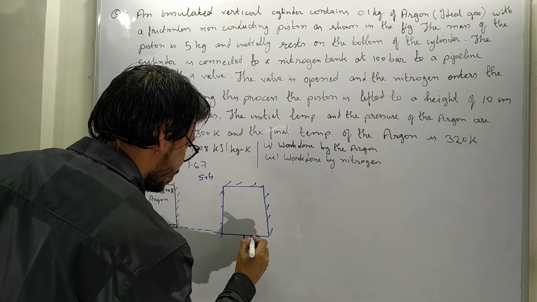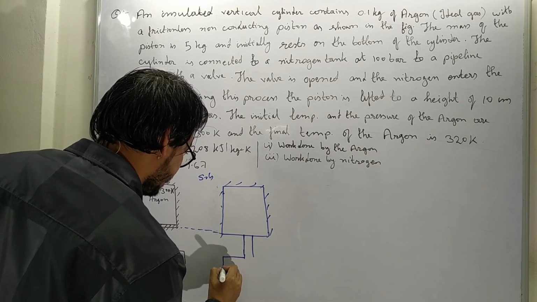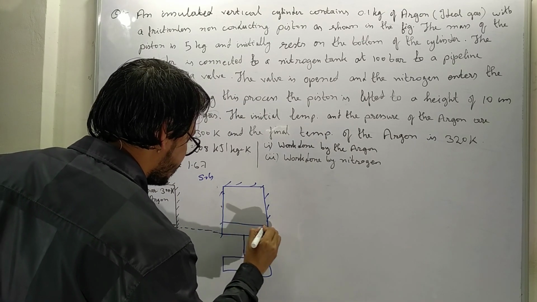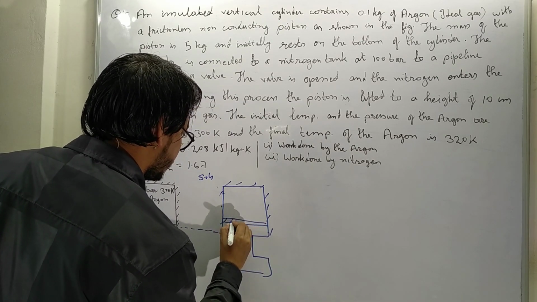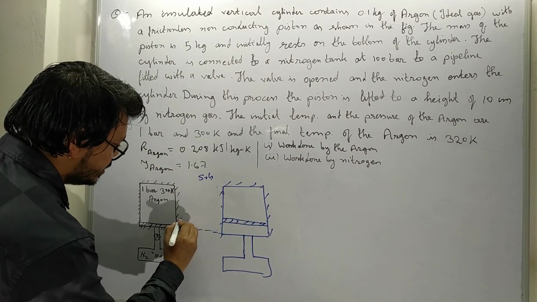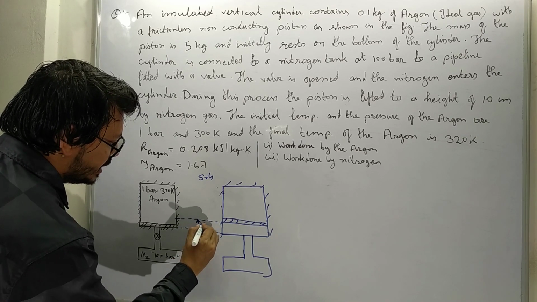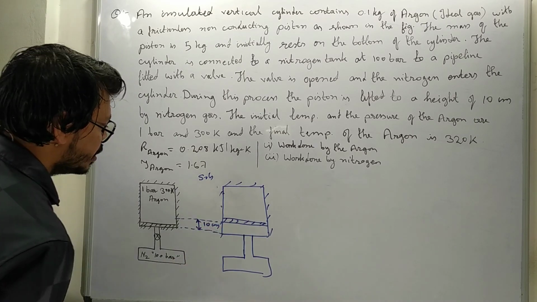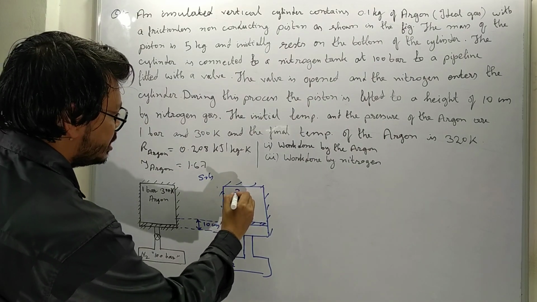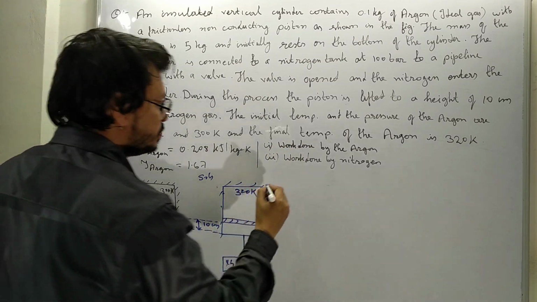Now the valve is open, and after opening the valve the piston moves up. This is the final position of the piston. The piston moved 10 centimeters, and the final temperature is 320 Kelvin. So we have to find the work done by the argon.